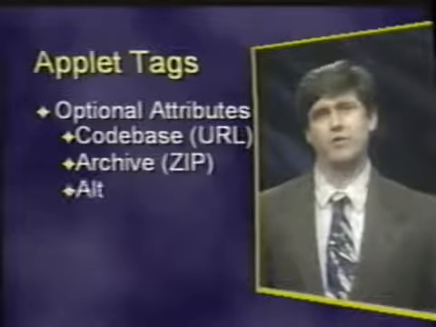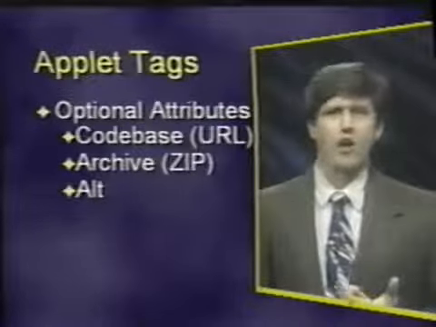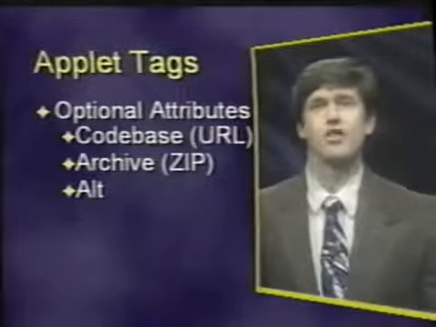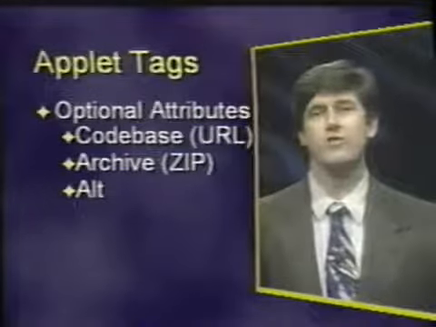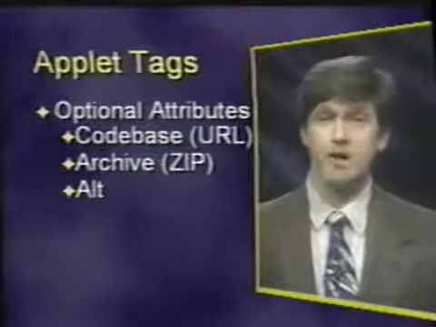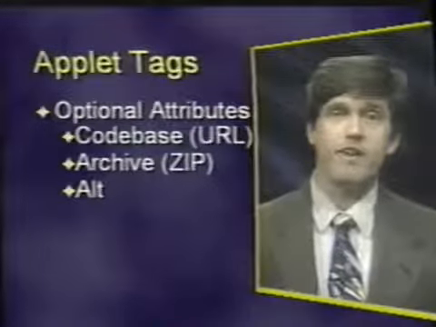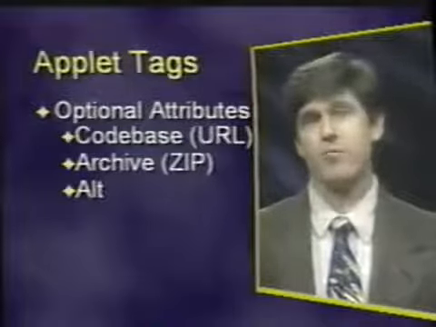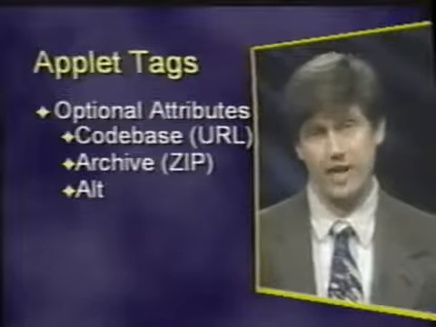The alt attribute is what I like to call a friendly gesture. What alt does is it allows you to specify an alternate string of text that will be displayed in the browser if the applet is unavailable or if the browser has had Java disabled.